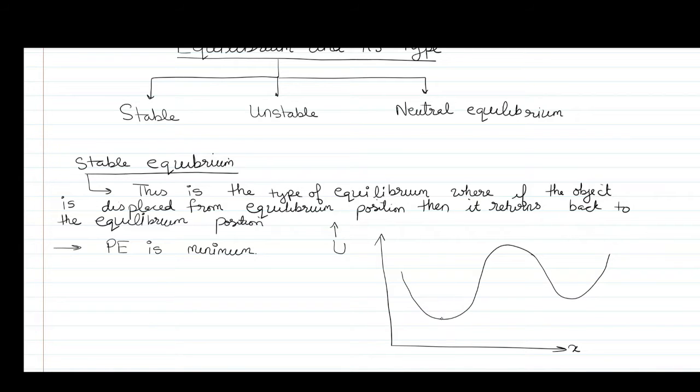At this position, the potential energy is minimum. So this is a point of stable equilibrium. This is one more point where the potential energy is minimum. So this is also a position of stable equilibrium.